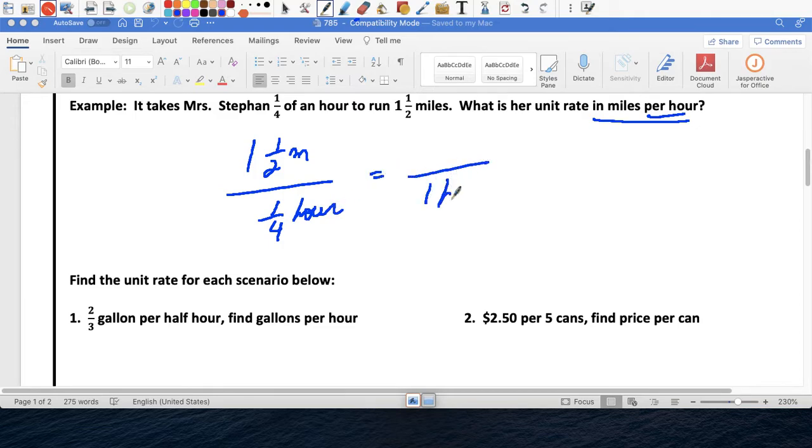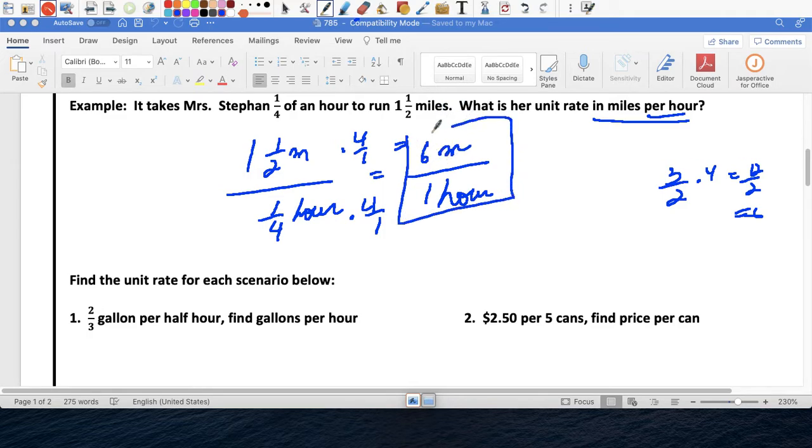We want to find out how far he runs in an hour, times 4/1. And 1.5, which is the same thing as 3/2, times 4/1 equals 12/2, which equals 6. So this becomes 6 miles. And that's the unit rate, miles per hour.